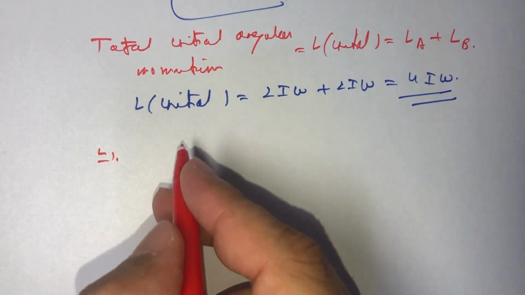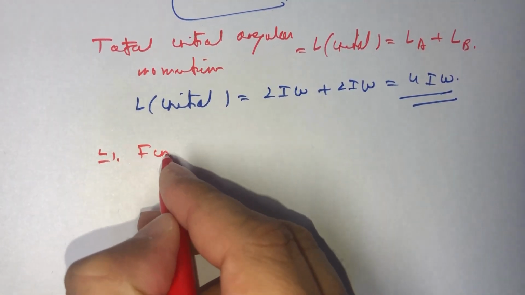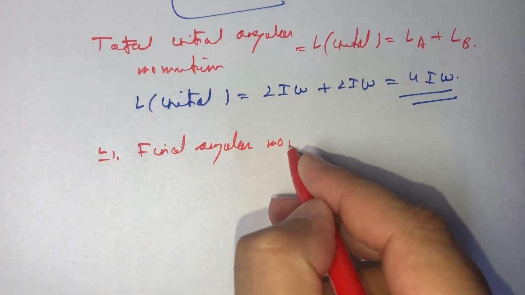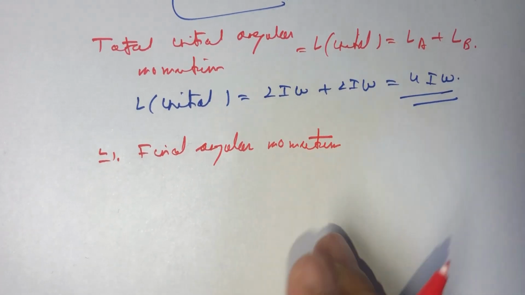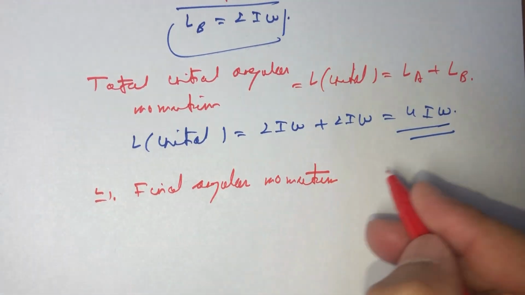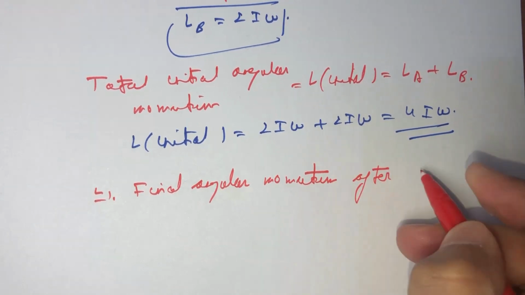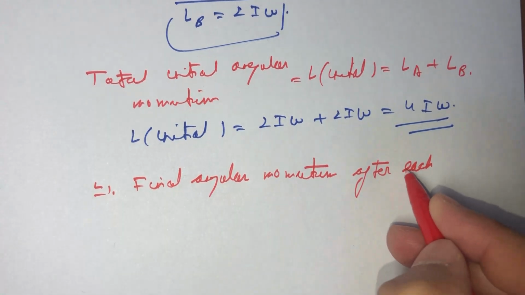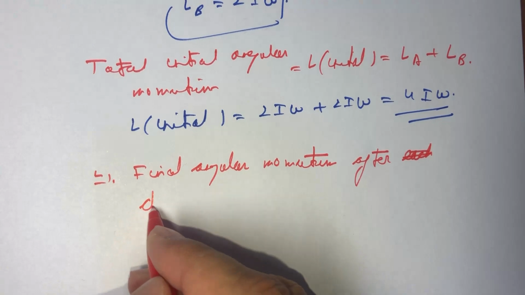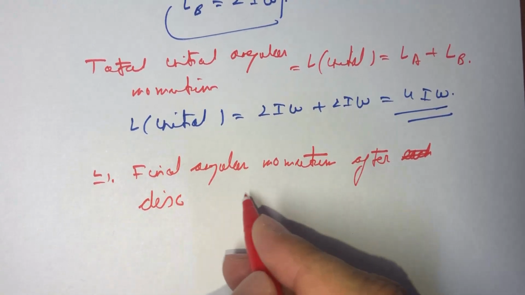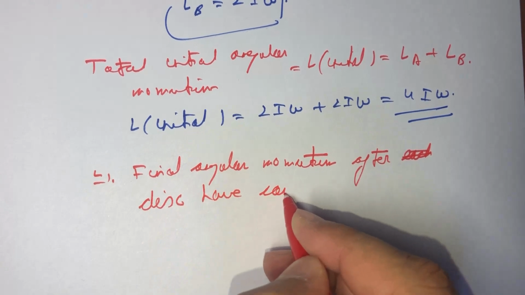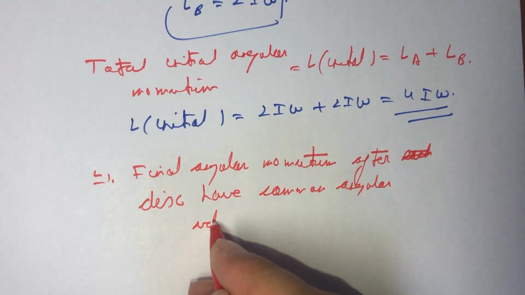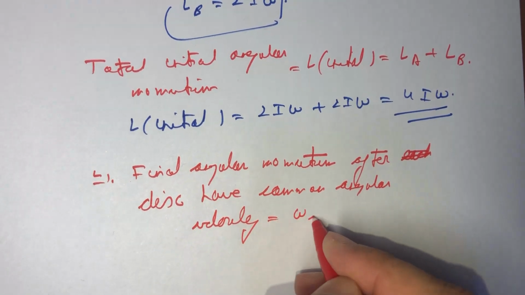We say the final angular momentum after the disks have a common angular velocity, which is equal to omega f.